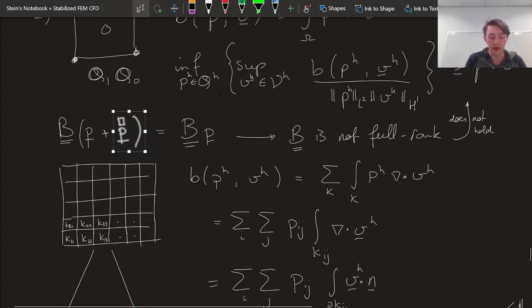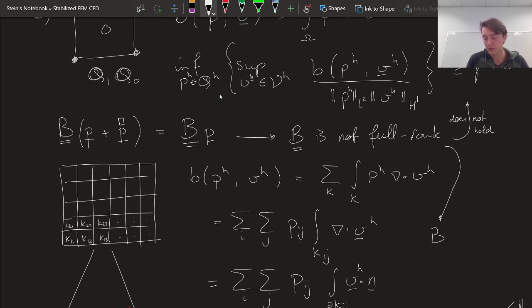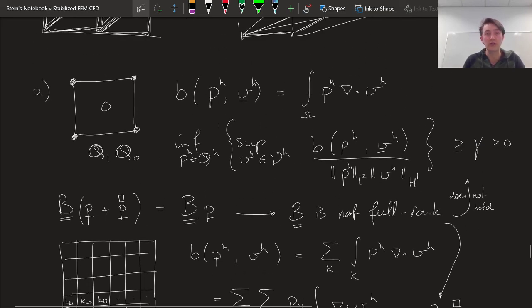So from this we can obtain that B times P with the square is equal to 0. That's the pressure that we're trying to find. If that pressure exists, then B is not full rank and we do not have this inf-sub condition.